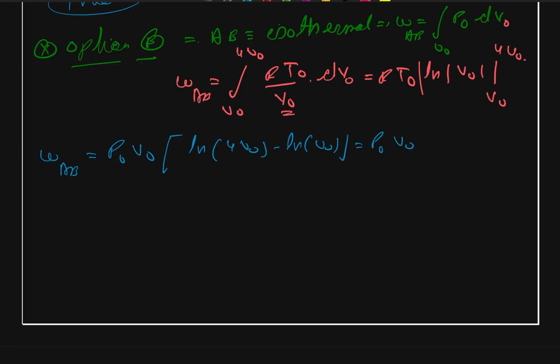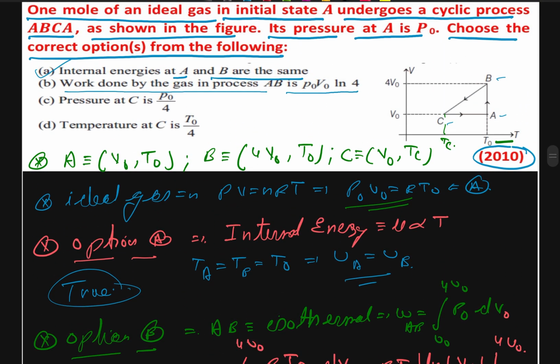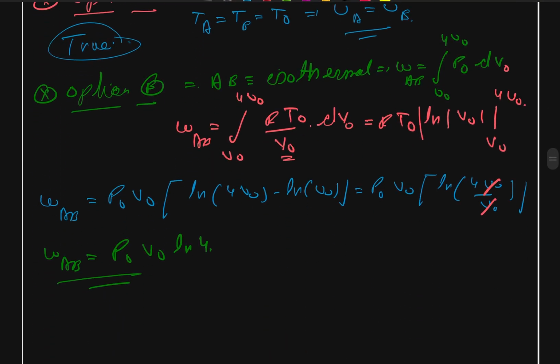We can write this in ratio, natural log of 4 V naught divided by V naught. V naught and V naught cancel out. So we get work done AB equal to P naught V naught natural log of 4. Therefore option B is also correct. Now we come to option C.